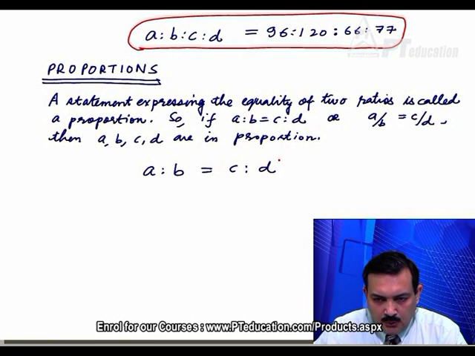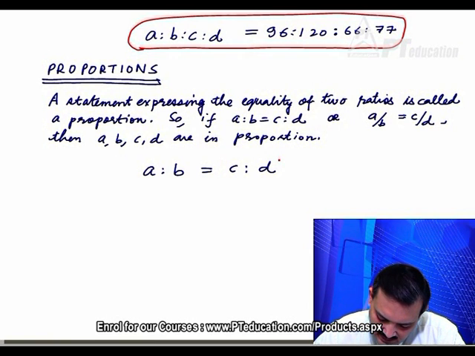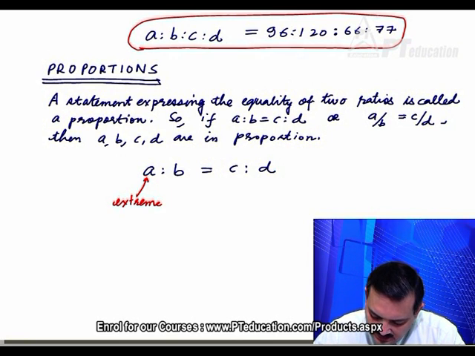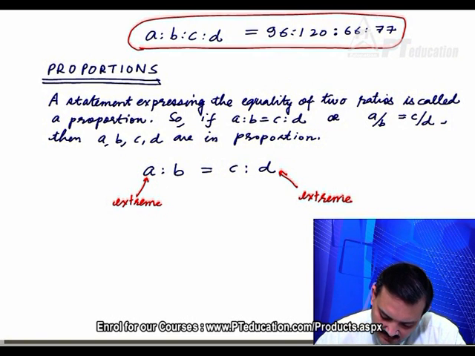Here in this proportion, A is called the extreme, just like D is also called the extreme. B and C are called the means.